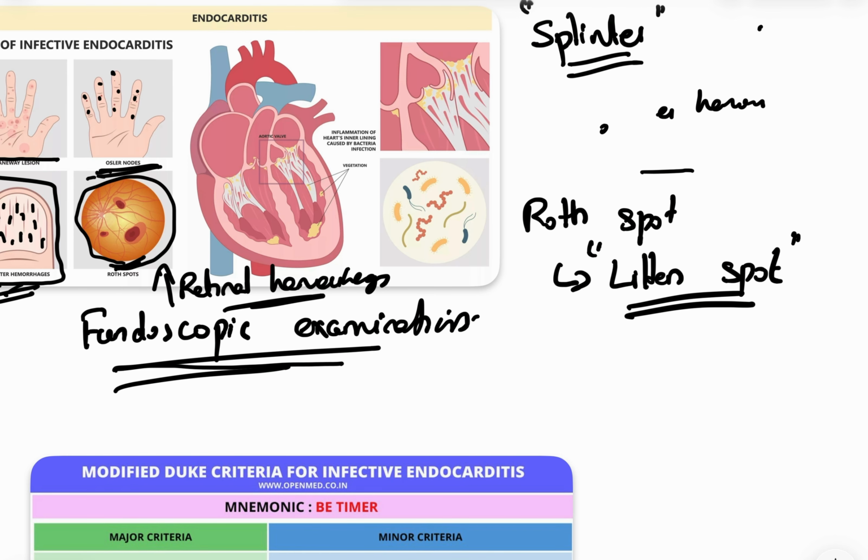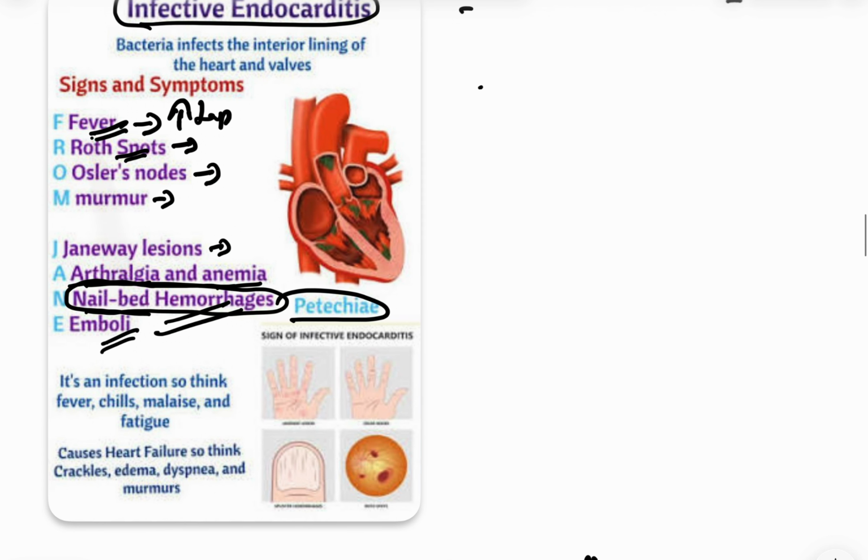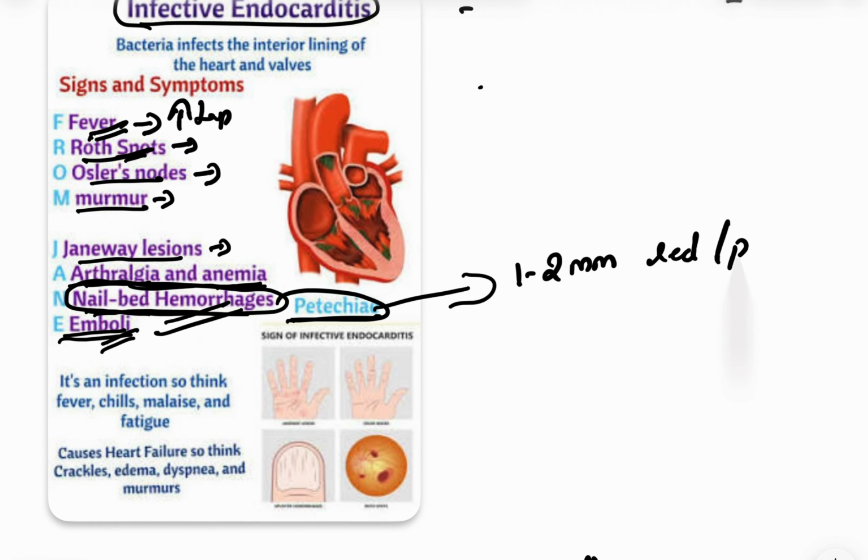So what were the signs and symptoms we studied for endocarditis? The mnemonic is from Jane P. The signs and symptoms are fever, Roth spot, Osler's node, murmur, Janeway lesion, arthralgia, anemia, nail bed hemorrhage, emboli and petechia. What is petechia? Petechia is small 1 to 2 millimeter diameter red or purple colored spots on skin.